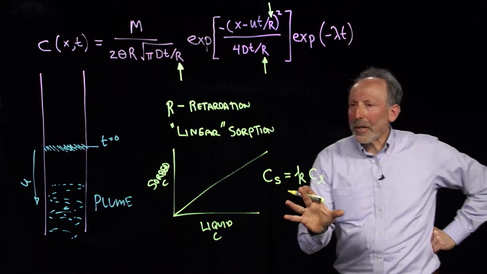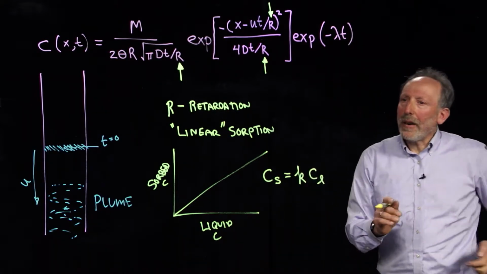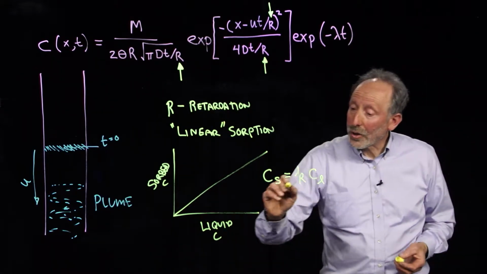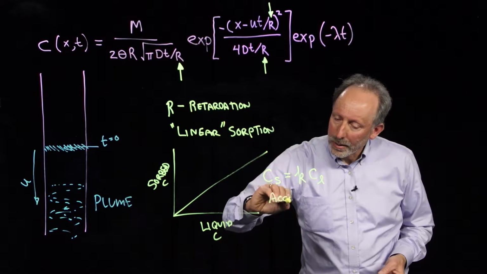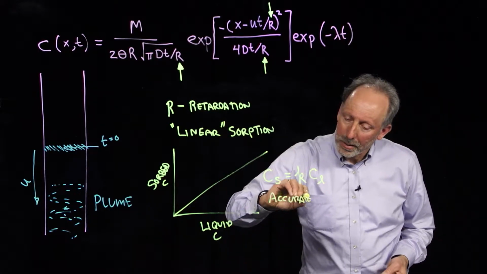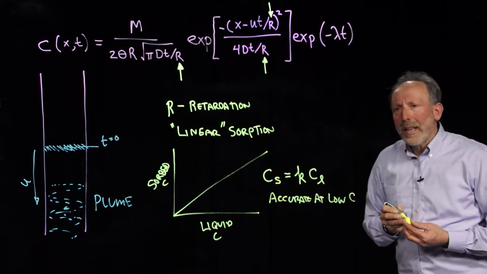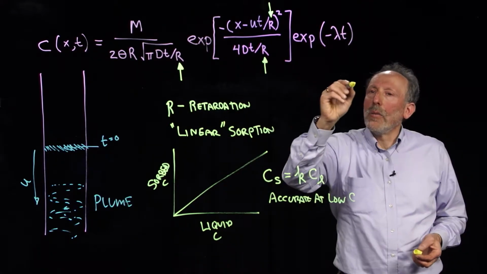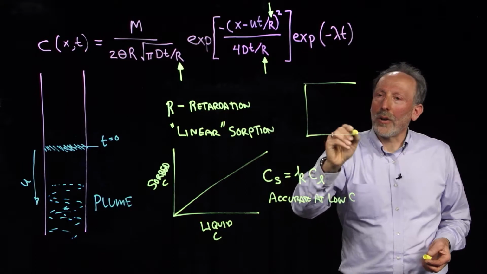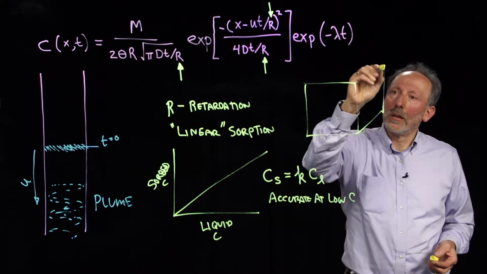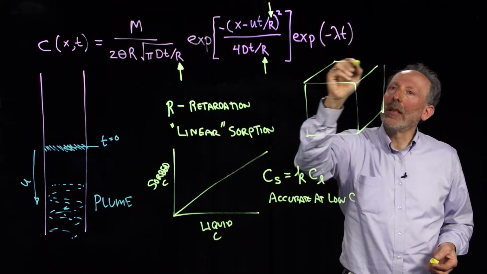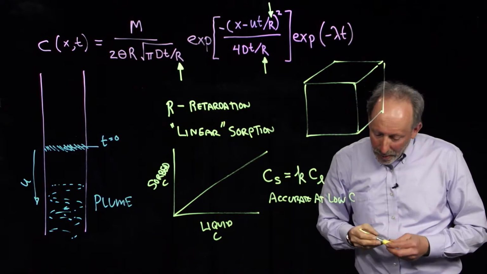This description of sorption is very accurate for low concentrations. Why is that? Basically, we have a solid here I'll draw, and it has these sorption sites.